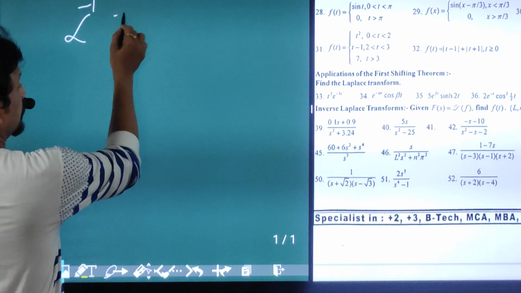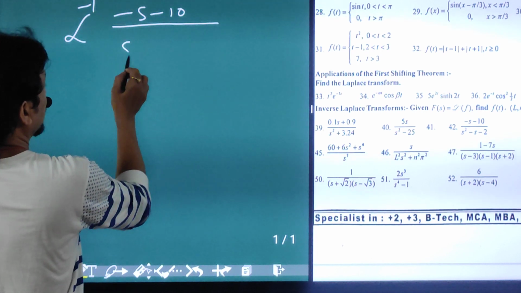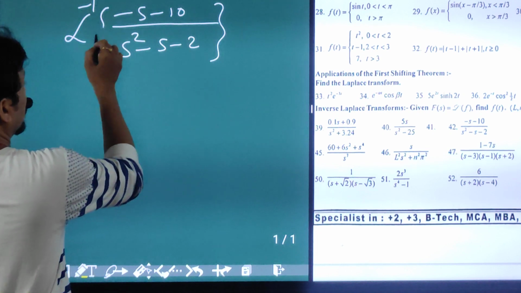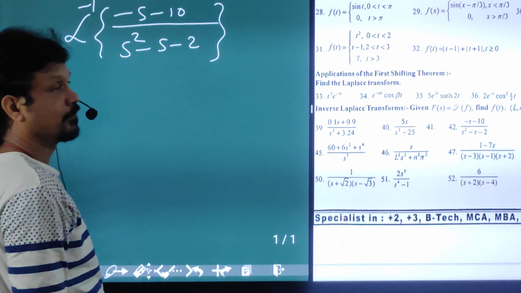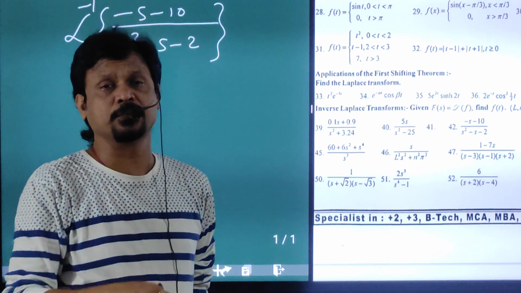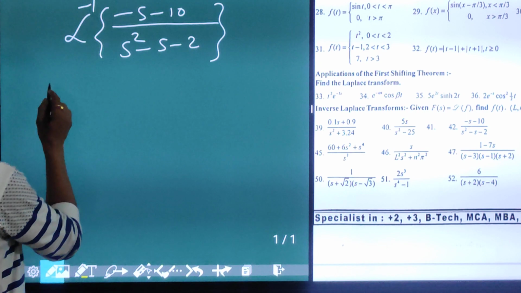Laplace inverse of minus s minus 10 divided by s square minus s minus 2. And I am going to do this one in a very interesting way. Please see this problem, how I am doing.